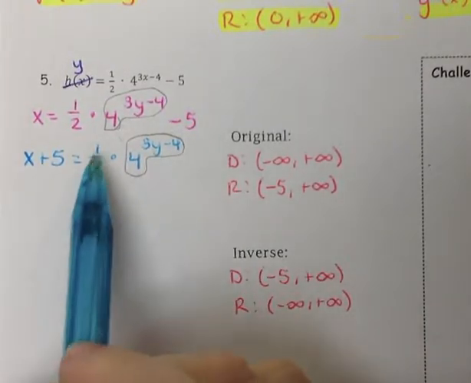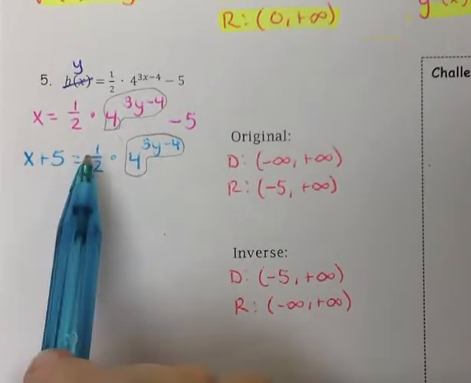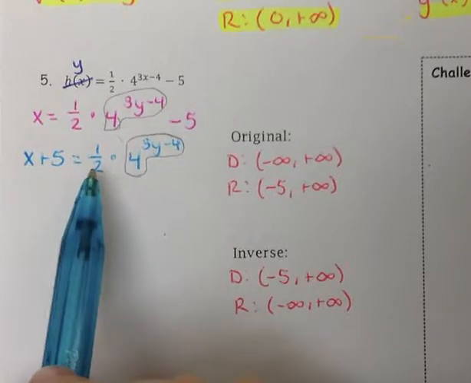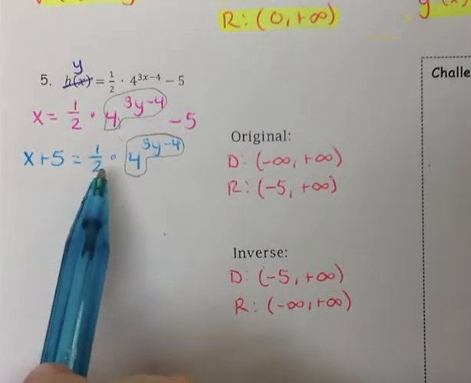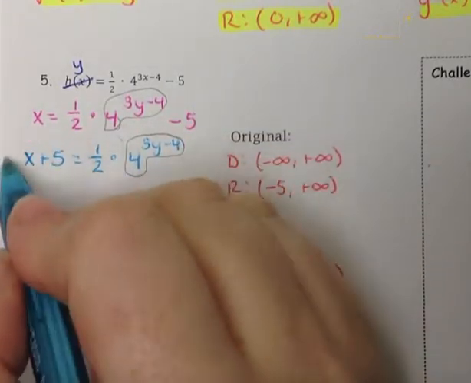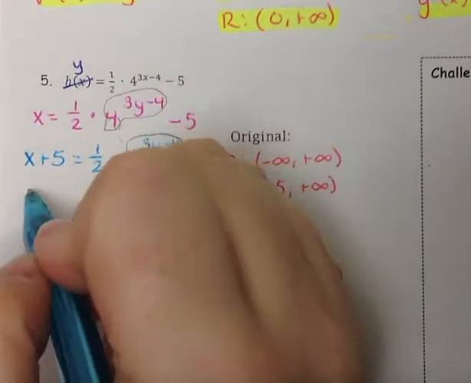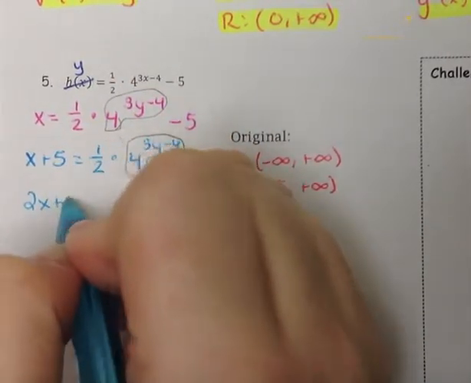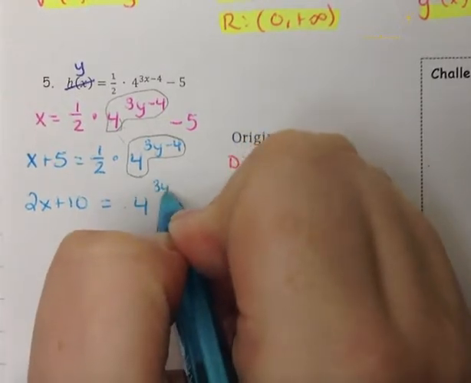We want to get rid of this 1/2. Now you can divide by a 1/2, but that's a little tricky because you don't have just numbers. But you can multiply by the reciprocal, and that gets rid of that as well. The reciprocal of 1/2 is 2. So if we multiply by 2 on both sides, it gets rid of the 1/2. Multiply x plus 5 by 2, we get 2x plus 10 is equal to that 4 raised to the 3y minus 4.